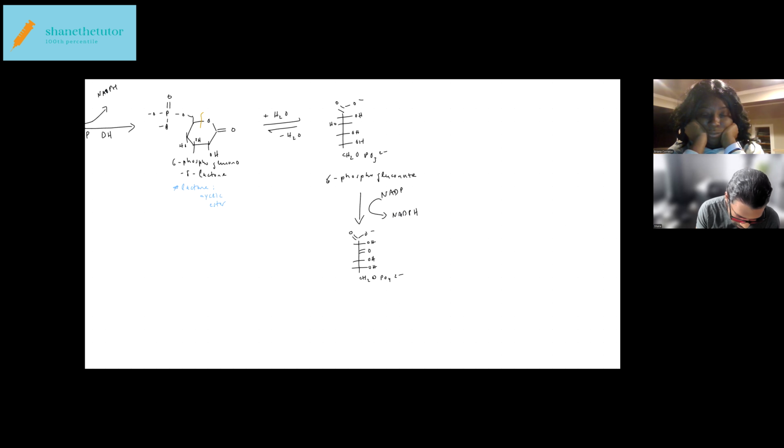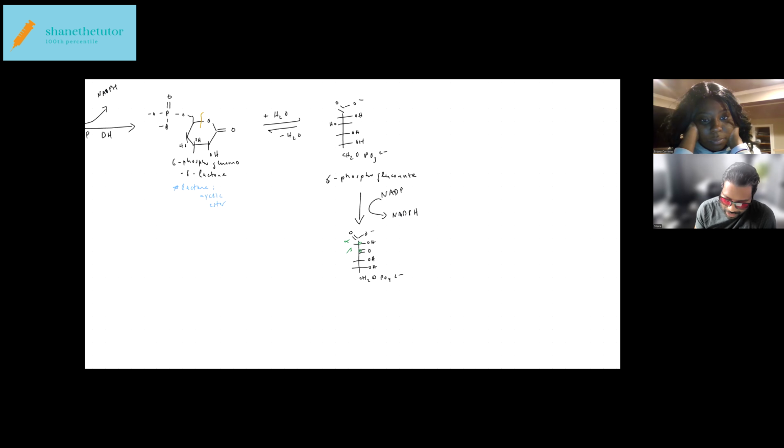Now, this over here can be the alpha carbon. This one, the beta. And that's why this is called a beta.